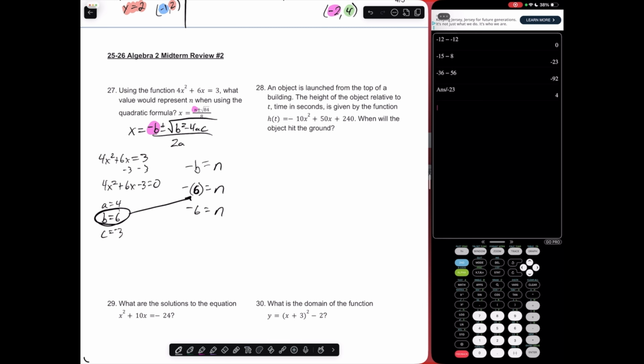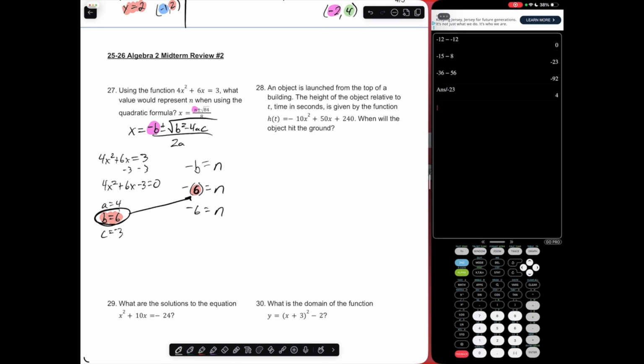Let's make that more of a 6. It's a little better. And you can set it up in this form, right? That n value has to be equal to negative b. So take your b value, plug it in, make sure it all checks out. 27 is, again, not a difficult question, but you just have to be careful answering what they're actually asking.